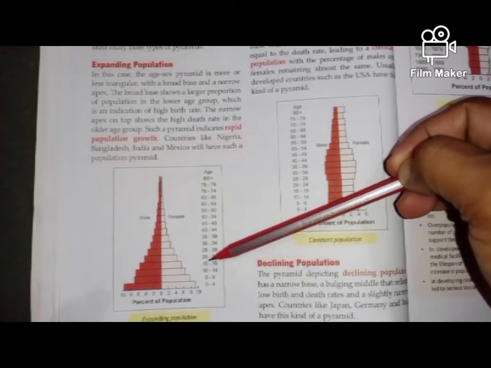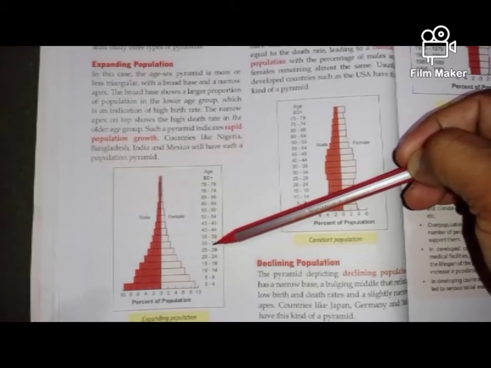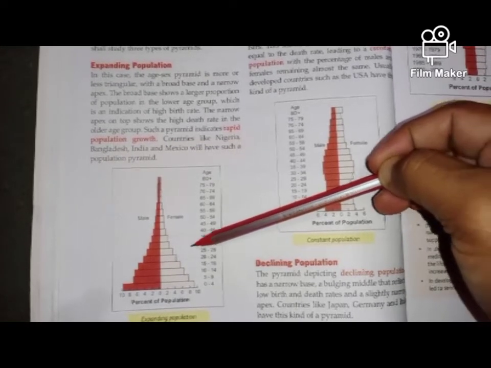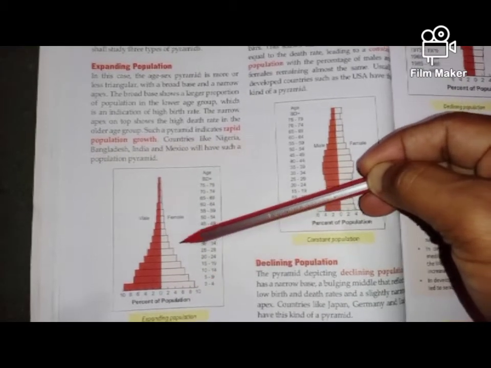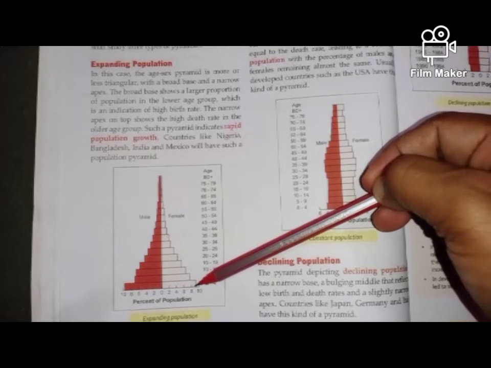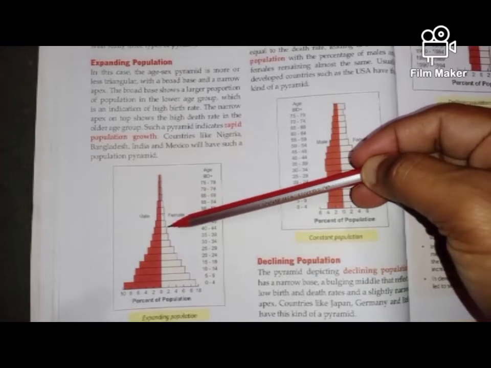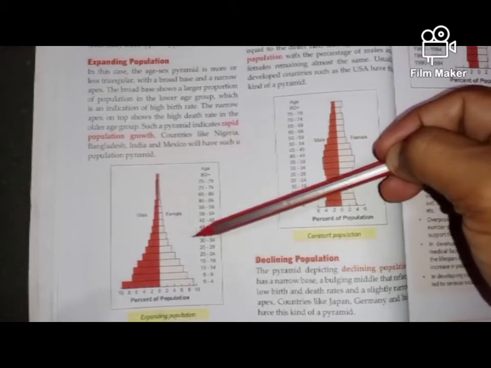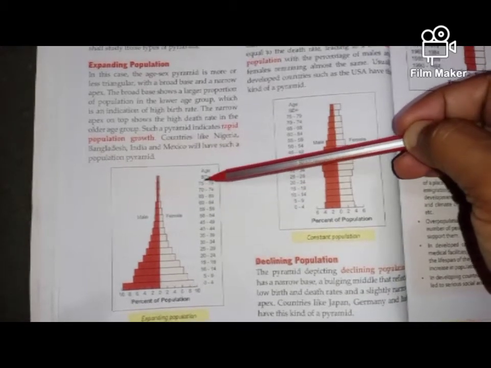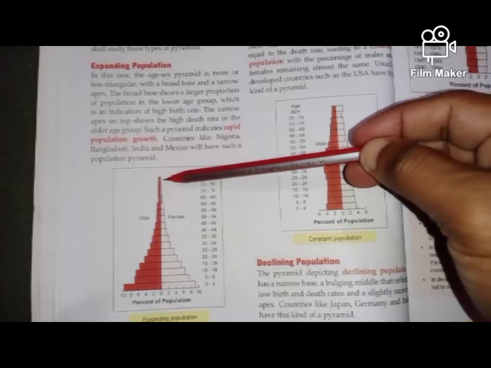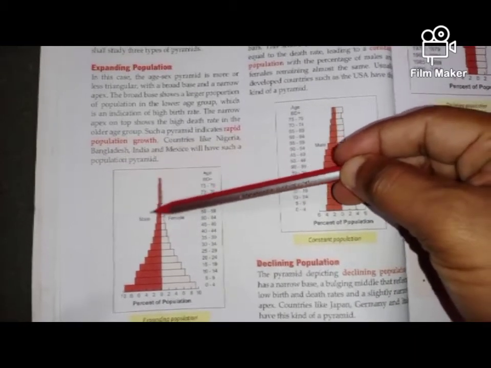5 to 9, then 20 to 24 years of age, 30 to 34 years of age. Up to this we can broadly understand that there is a high birth rate. That's why the base is broader. But if you go towards the top, the apex, from 50 to 54, then 65 to 69, and then 75 to 79 years of age group, you can see there is a very small number of male and female.